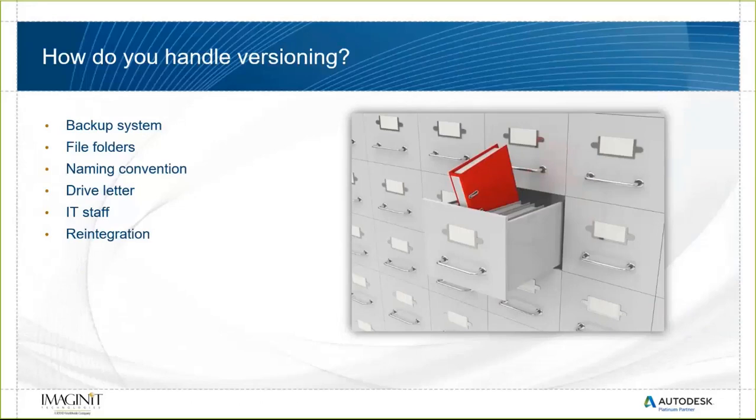That can take an inordinate amount of time. Some people handle it with file folders, meaning, hey, here was the 30% submittal on a particular date, 60% submittal on a different date, right? Some people handle this just with drive letters, moving things to, quote, archive drives.